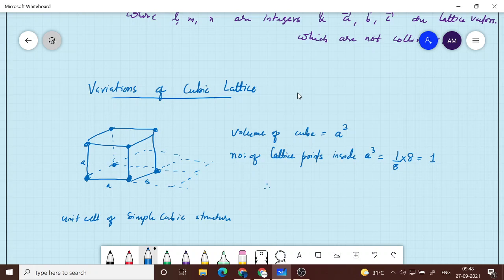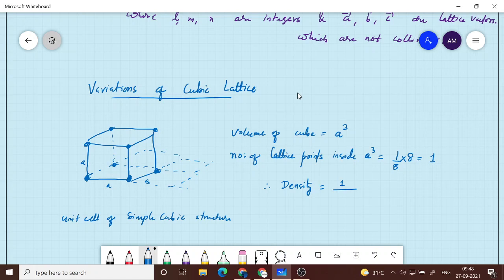So therefore you can talk about what is called density. Density is basically the atoms, or lattice points, per unit volume. In this case it will be 1 by A cube.